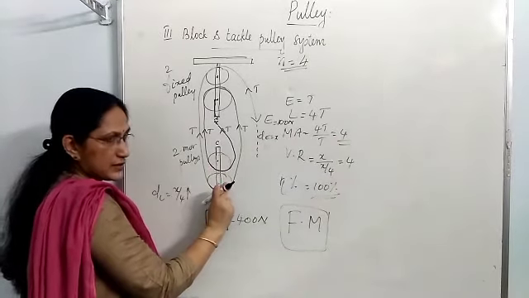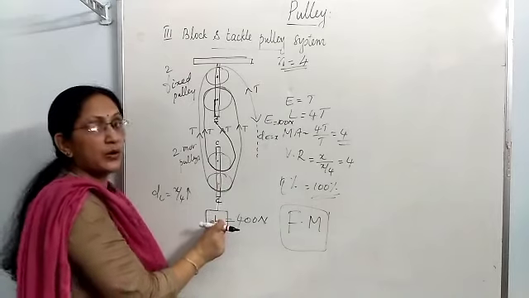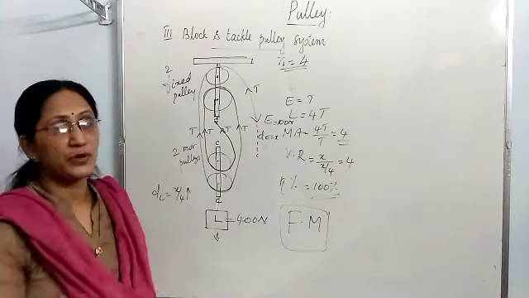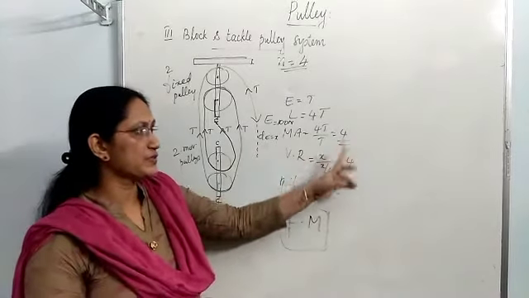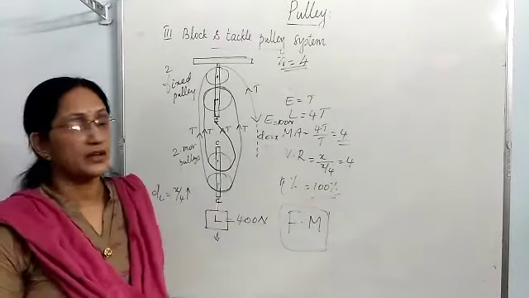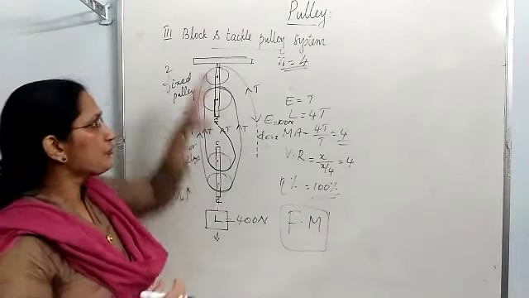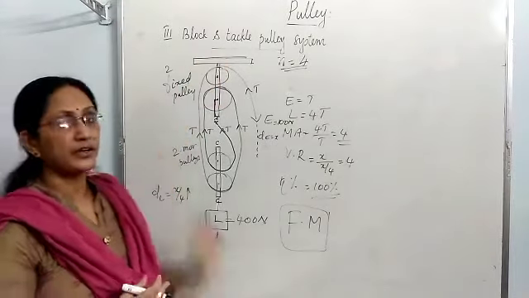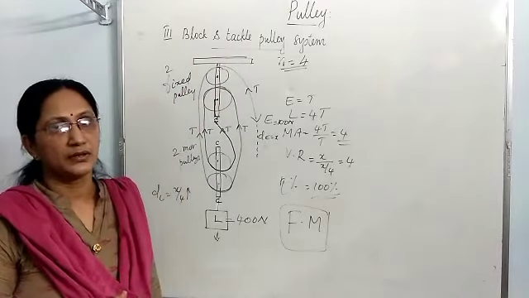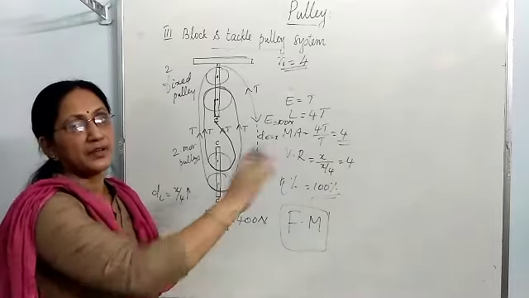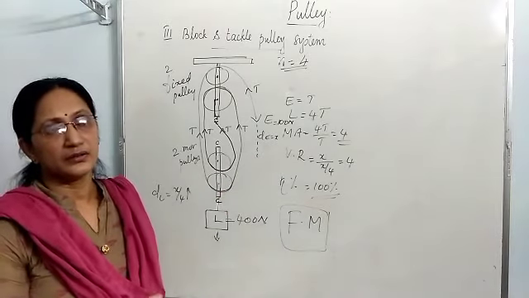If they are heavy pulleys, less useful load only you can lift. Then if there were 6 pulleys, you will get MA equal to 6, VR equal to 6. If there were 8 pulleys, then how will you divide? 4 in the upper block, 4 in the lower block. So total 8 pulleys will be there, MA and VR are 8.